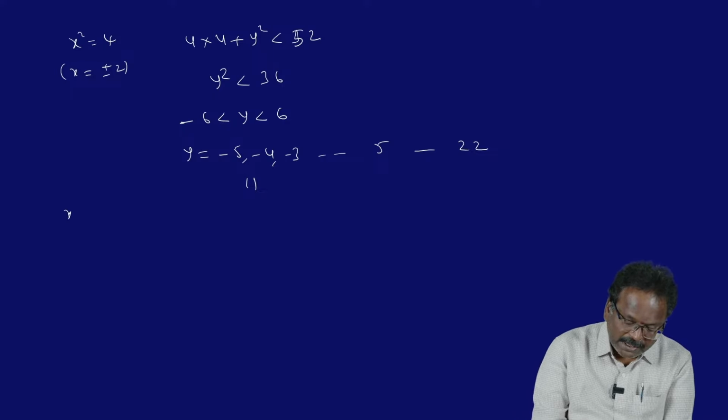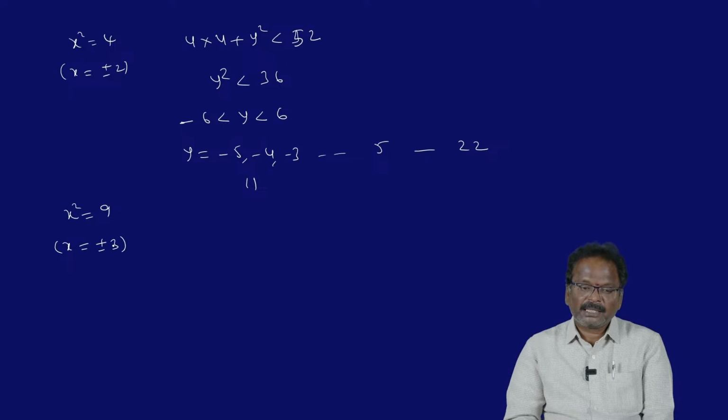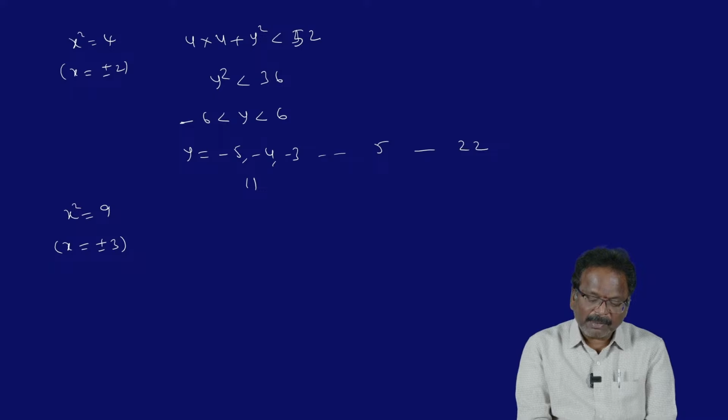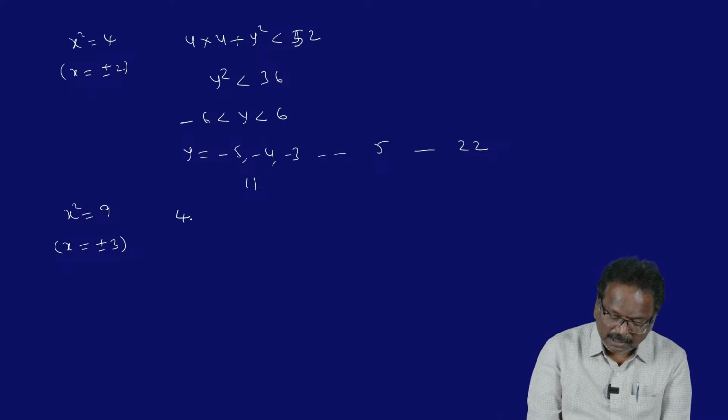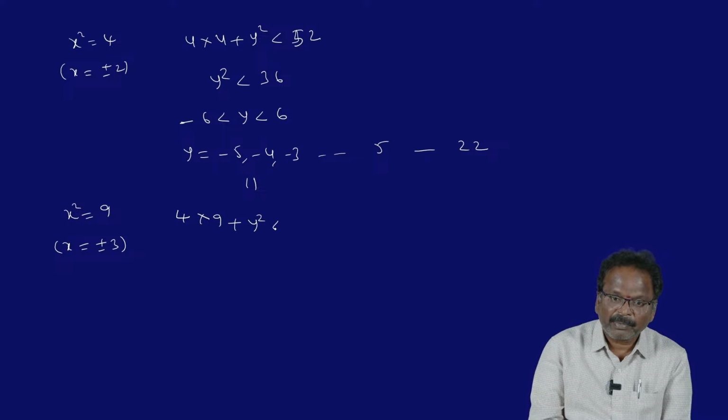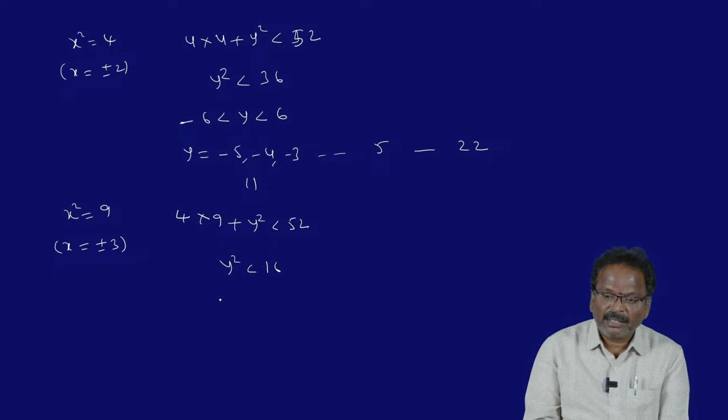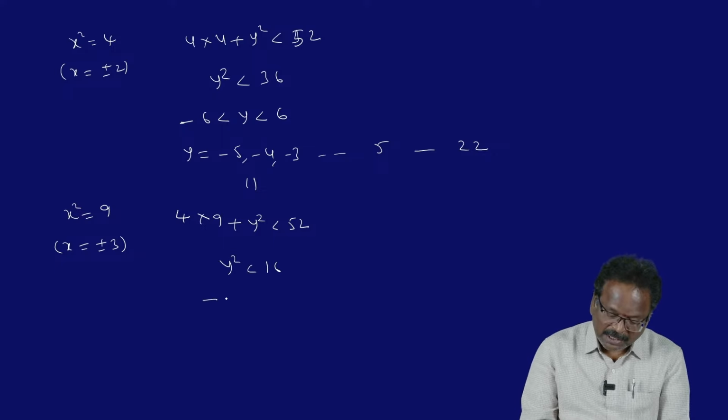Now take x square is 9. X square 9 means x may be plus or minus 3. If x is plus or minus 3, how many values are possible for y? 4 into 9 plus y square less than 52. So y square less than 16, which means y lies between minus 4 and plus 4.